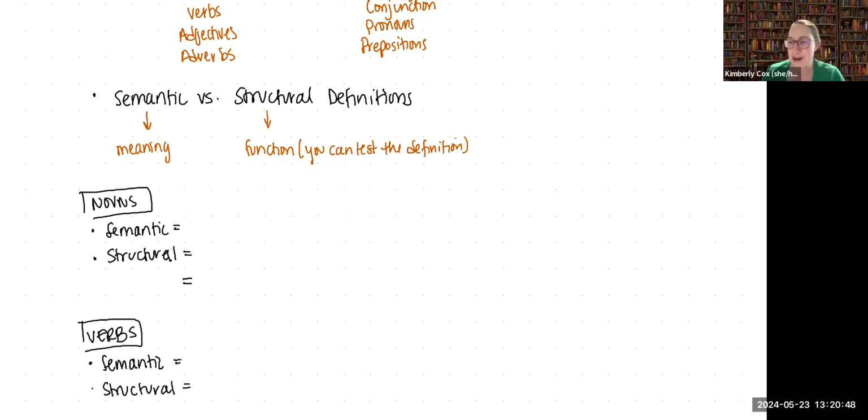Let's talk a little bit about nouns. I'm assuming that with nouns, you grew up with what I did, which is nouns are a person, place, thing, or idea. This is a semantic definition, really hard to test.